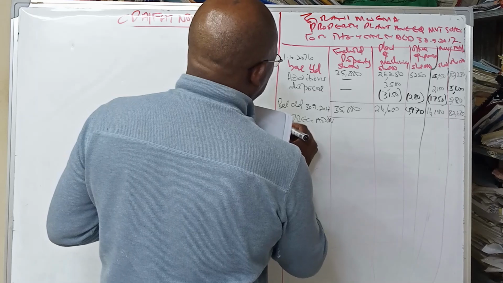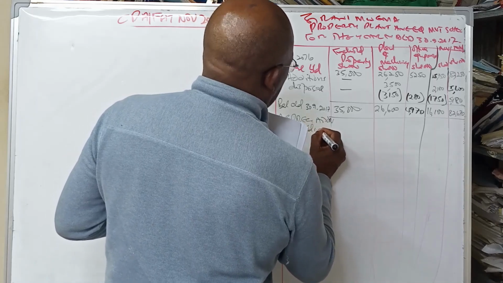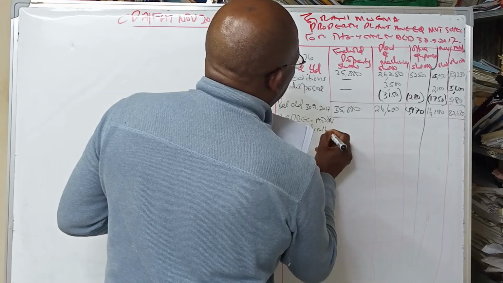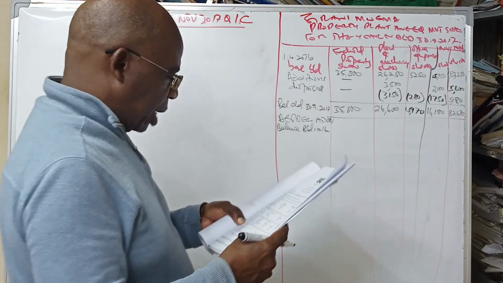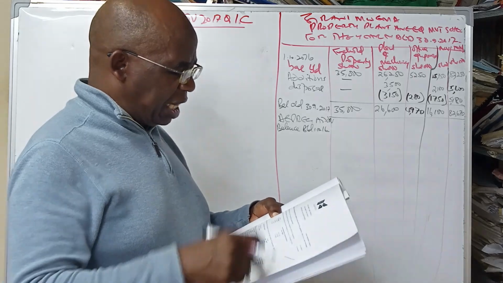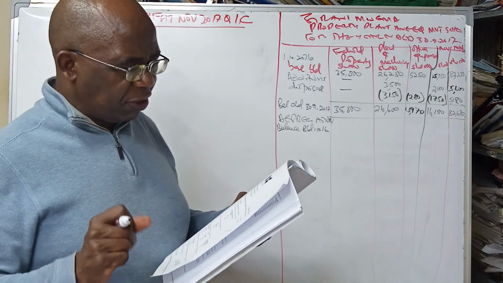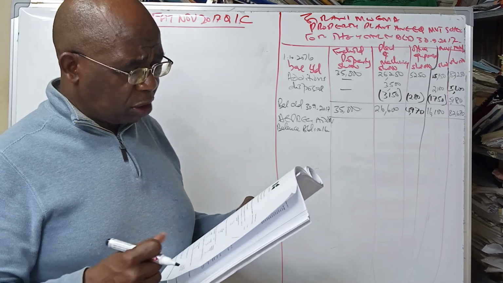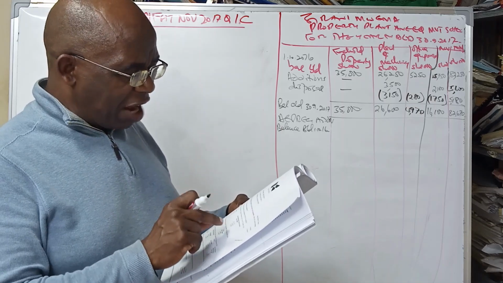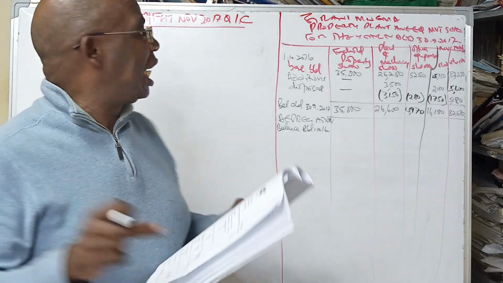We say balance brought down on 1st of October 2016, the balance at the beginning of the year. That is given in the introductory information: the following information relates to the non-current assets of Gilani Mwema Limited as of the 1st of October 2016. You are given the accumulated depreciation.